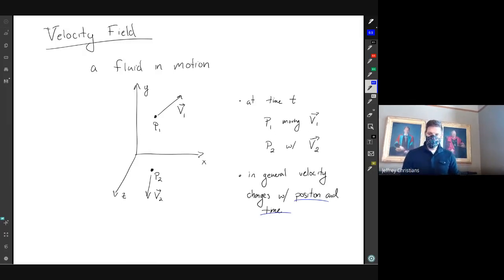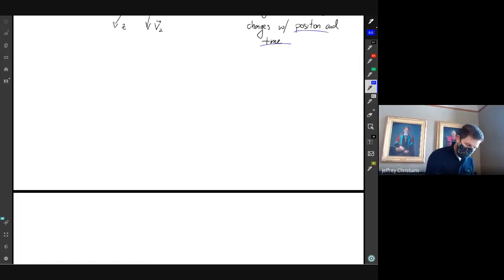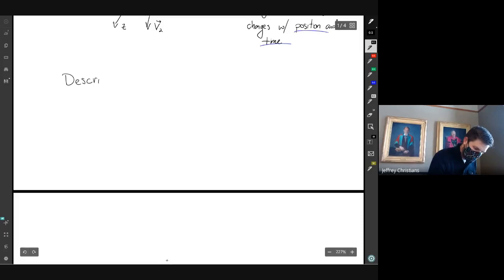We usually try to describe velocity in terms of its directional components. So we can describe our velocity vector in terms of i, j, k components.